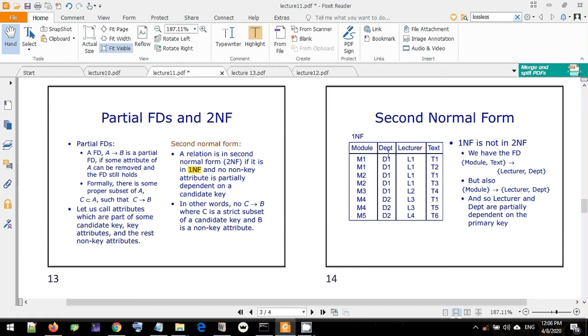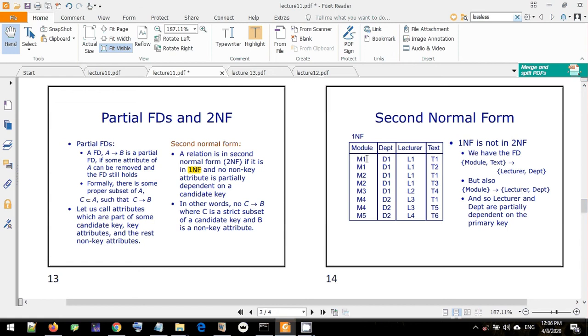Because we have functional dependencies: text functionally depends on module, and also module functionally determines lecturer and department.